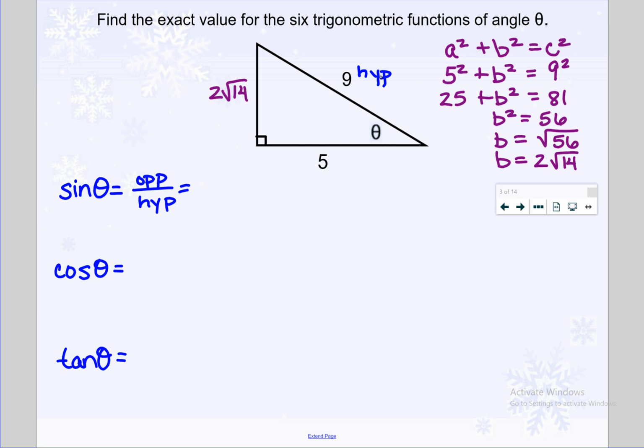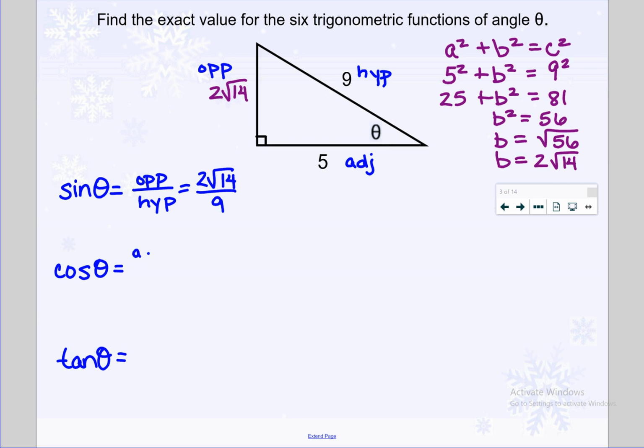Which one's opposite my theta? The 2 is opposite, and that makes the 5 adjacent next to my theta. So if I want to divide opposite over hypotenuse, it's 2 rad 14 over 9. And then that's the exact answer. We're just going to leave it like that. You could look at 2 over 9 and make sure that doesn't reduce. It doesn't here, so this is our final answer.